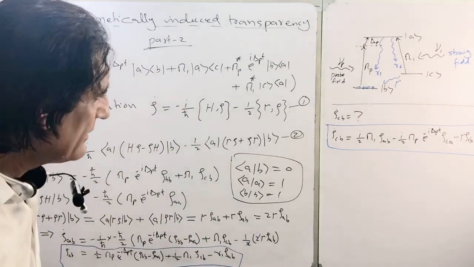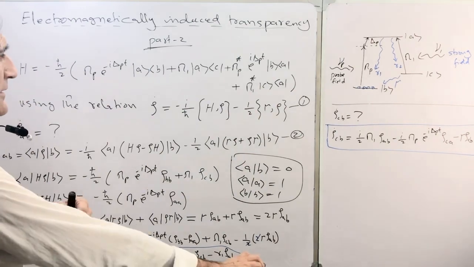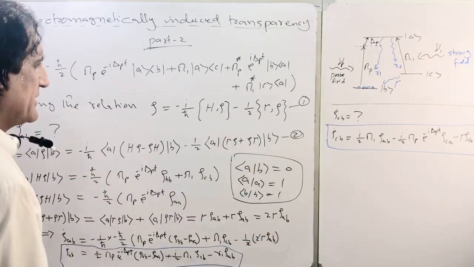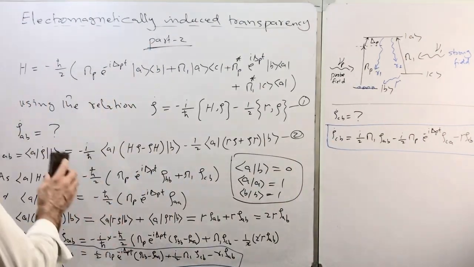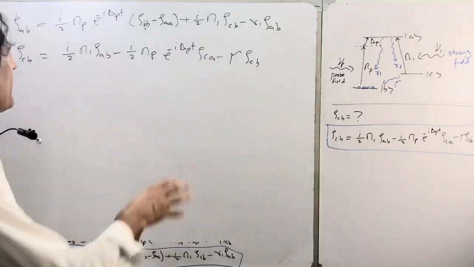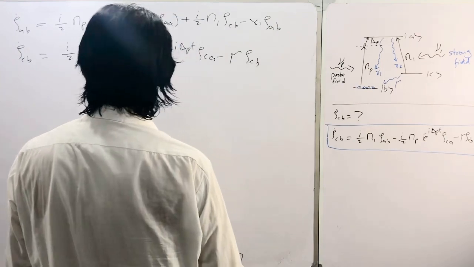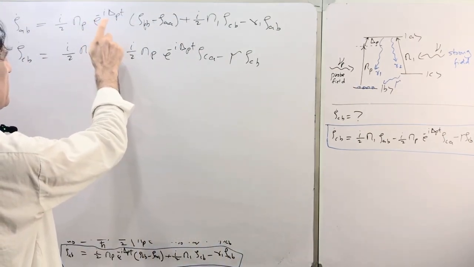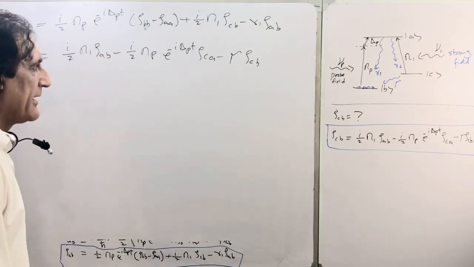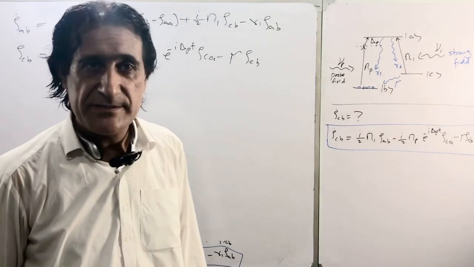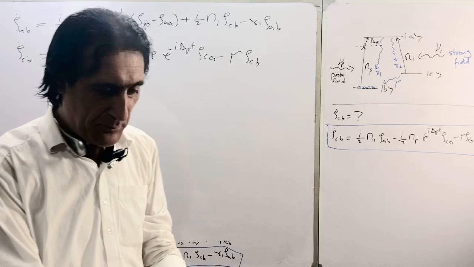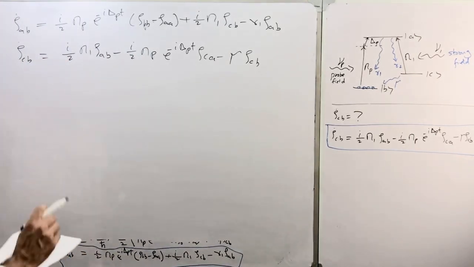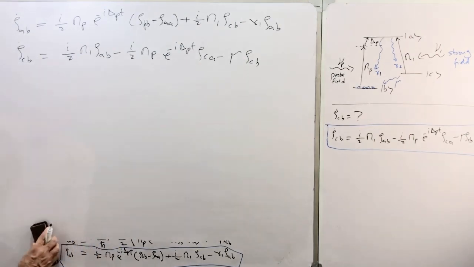Now we have two equations, this and this. I will write this down separately. From these two equations, we should remove the time part, and how is it possible? There is some approximation we have to consider.